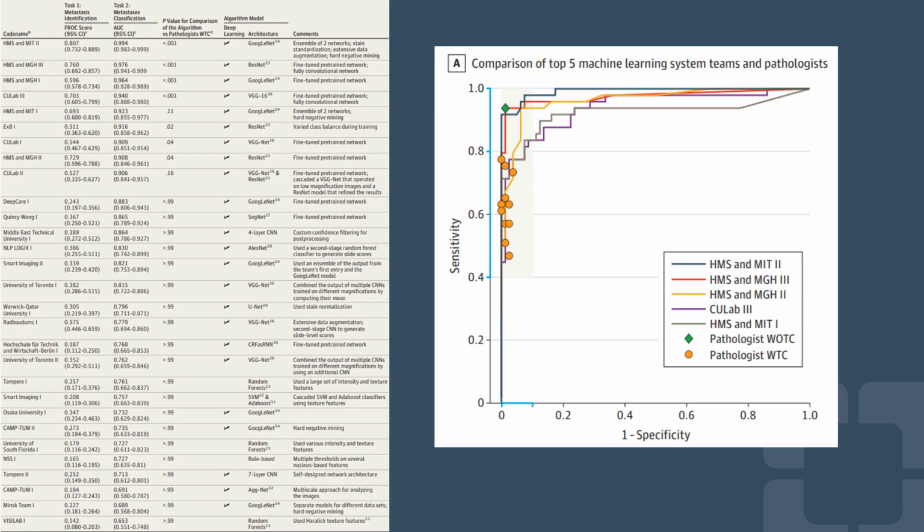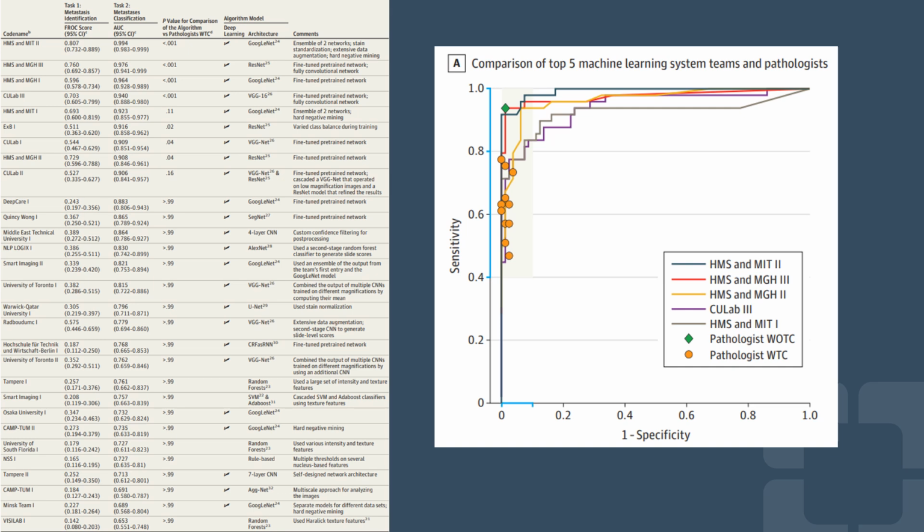Well, this is a really busy slide. The point to note here, looking at the image on the right, the green rhombus is a pathologist without time restriction, while all the orange circles are the 11 pathologists who had a time restriction of 2 hours.